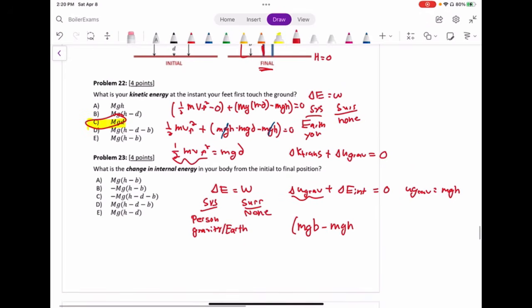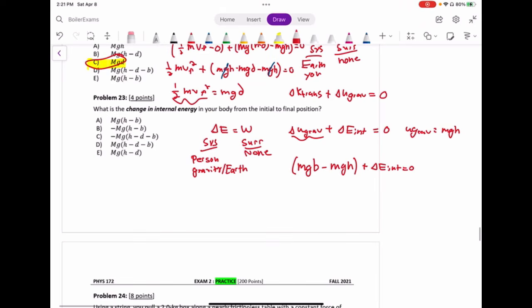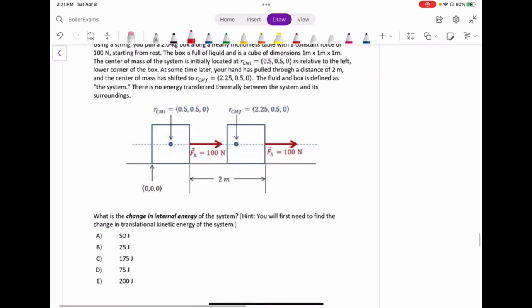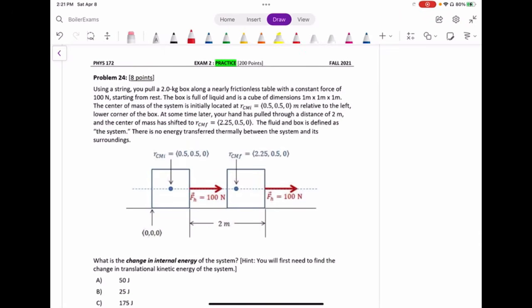So there we go, plus delta E internal equals 0. Add that over, and delta E internal equals mgh minus mgb, which, if you pull out mg, you just get h minus b, which looks like A, which is correct.